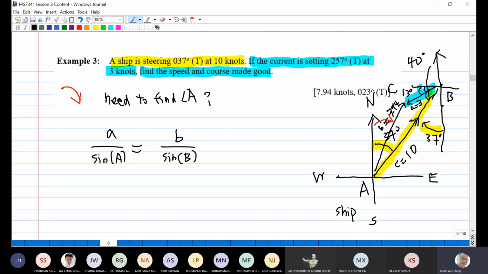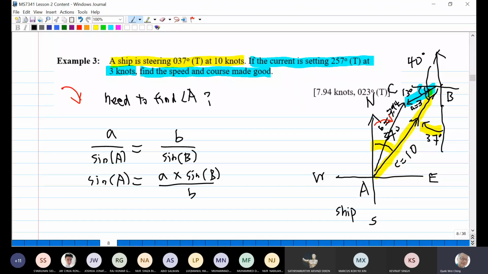So I don't know what angle A is. So sine A is equal to A times sine B over B. Now rearrange them.